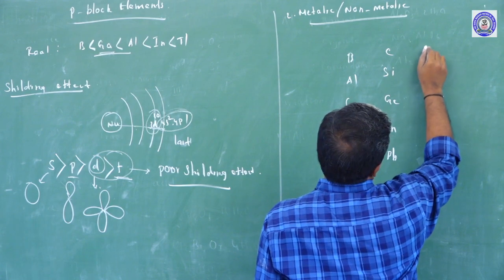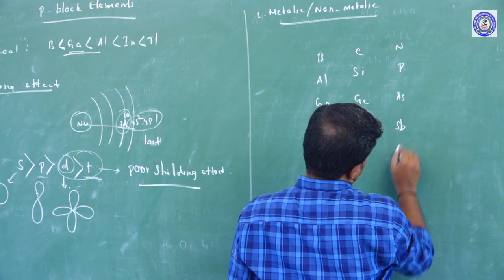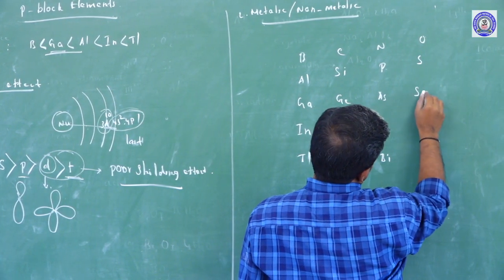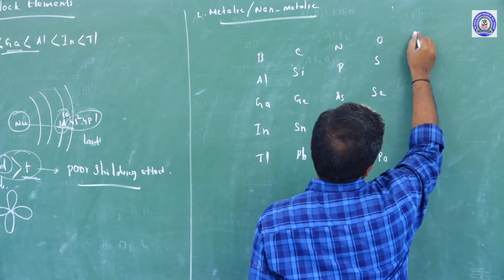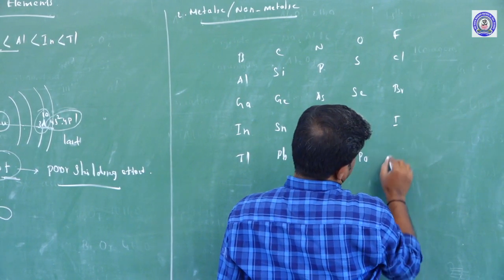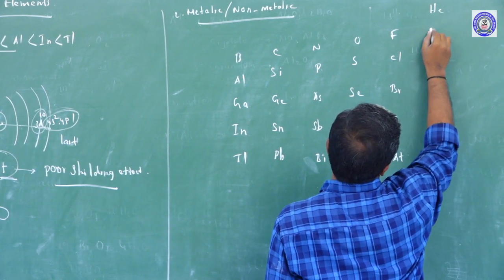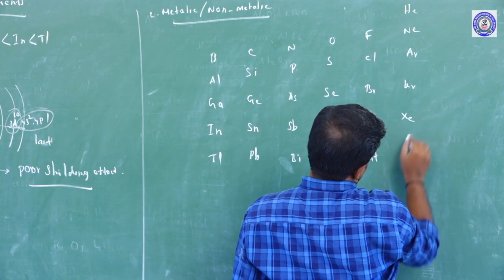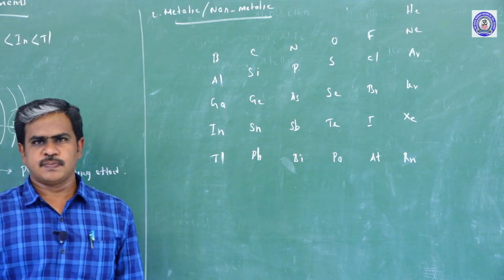Then nitrogen, phosphorus, arsenic, antimony and bismuth. Oxygen, sulfur, selenium, tellurium and polonium. And fluorine, chlorine, bromine, iodine and astatine. And helium, neon, argon, krypton, xenon and radon. This is nothing but the p block elements.